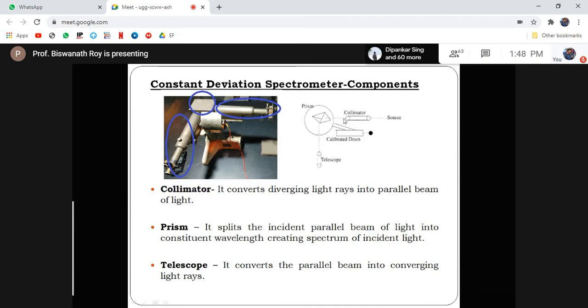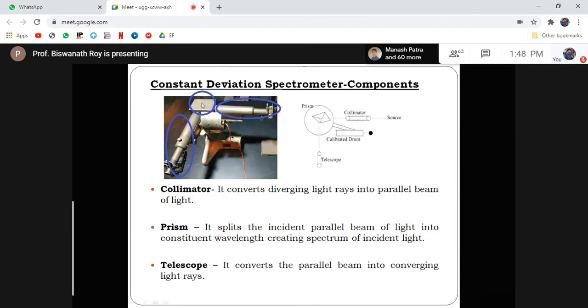The collimator receives the radiation from the lamp, and its purpose is to convert the diverging light rays into a parallel beam of light. The diverging rays from the lamp are collected by the collimator optics, which convert the diverging beam into a parallel beam.